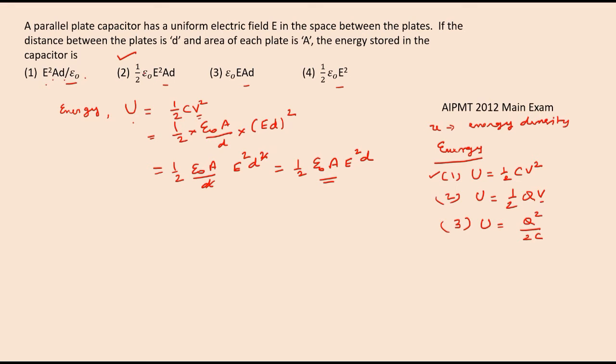If this half epsilon naught E squared AD is correct, then the others cannot be. Epsilon naught E square alone cannot be correct, because here epsilon naught E square AD is required. Epsilon naught EAD can't be correct.